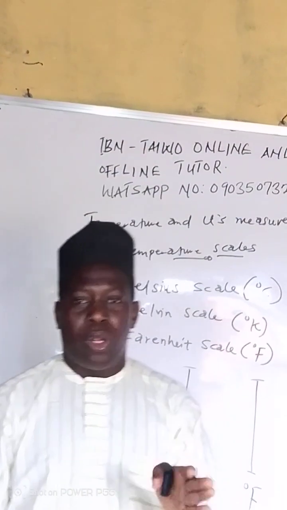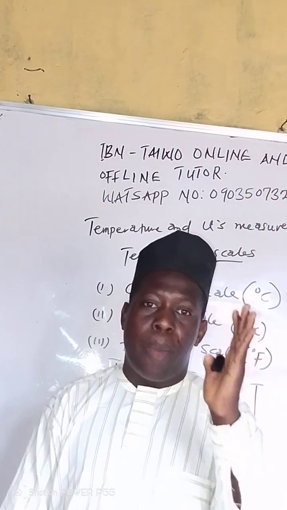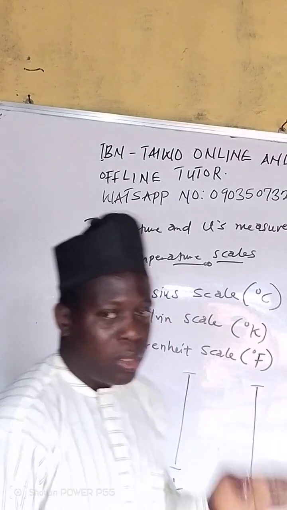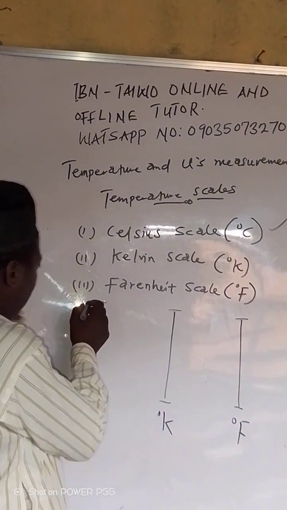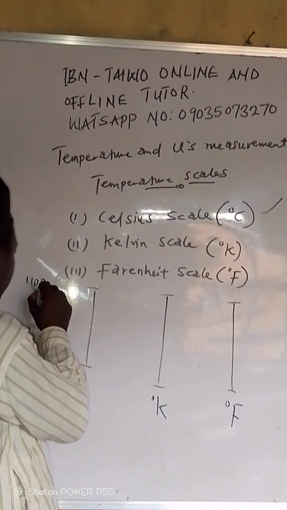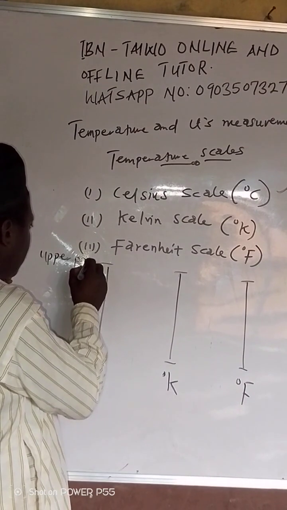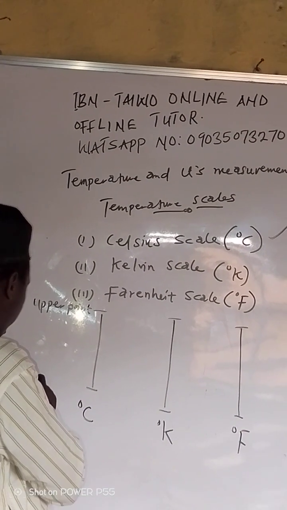The first point is called the upper point, and the second point is called the lower point. Here we call it the upper point, and here the lower point.